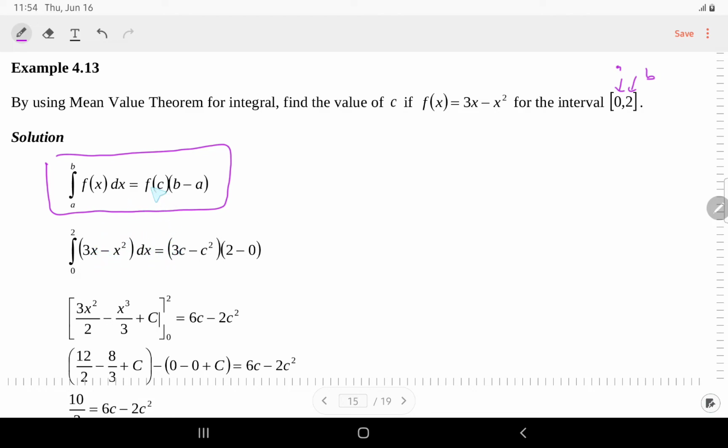It equals f(c), meaning we replace the variable in the function with c. So we get 3c minus c square, times b minus a, which is 2 minus 0. Then we need to integrate the left part. 3x integrates to 3x square divided by 2.